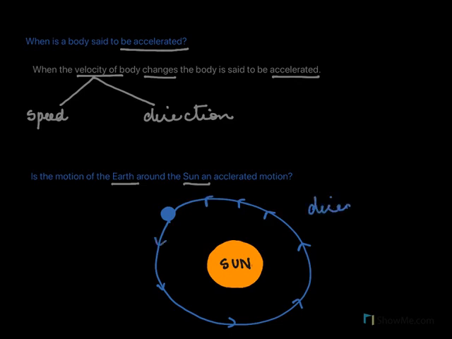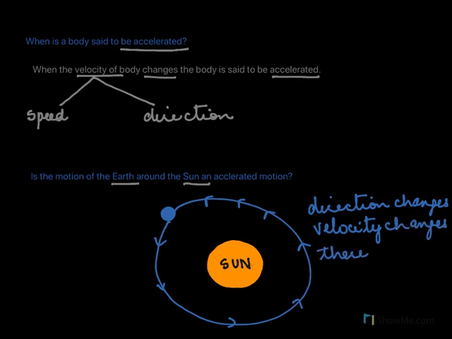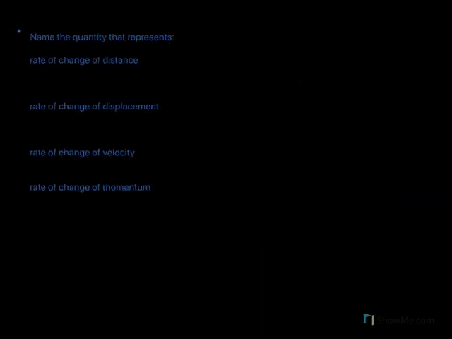And since direction changes, velocity changes. And if velocity changes, there is acceleration. So it is an accelerated motion. Is the motion of the Earth around the Sun accelerated? And the answer to that is yes, it is an accelerated motion.